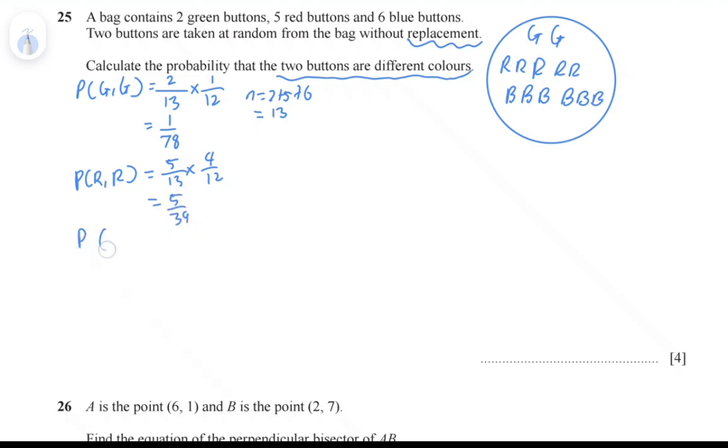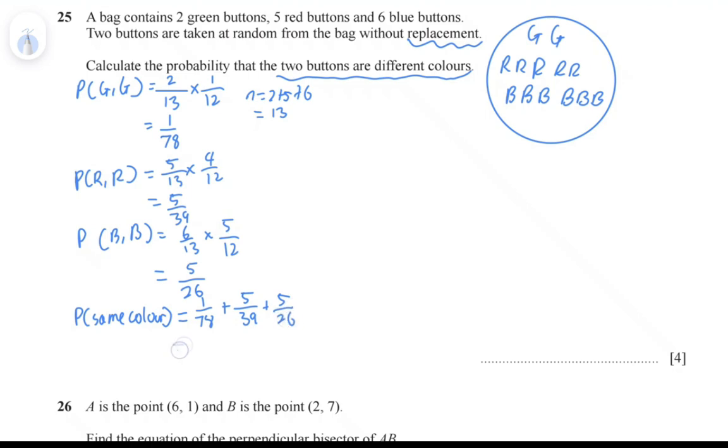Then finally, having a probability of blue twice, it is 6 out of 13 buttons multiplied by 5 out of 12 buttons, giving us a probability of 5 over 26. Then, therefore, the probability that the buttons are the same color is the sum of these probabilities, which is equal to 1 over 3.